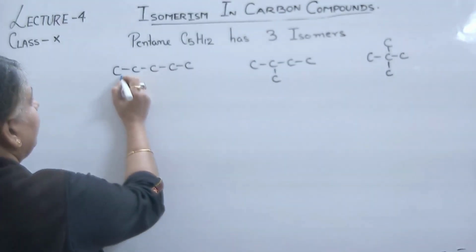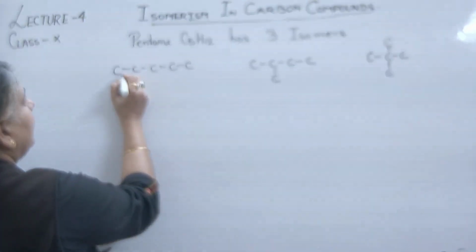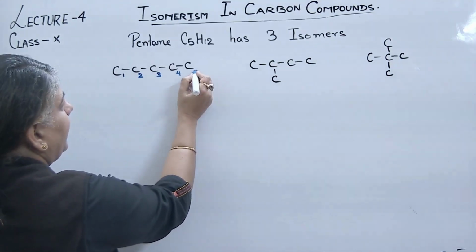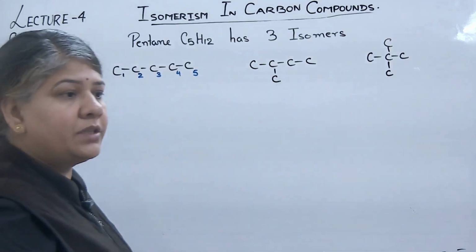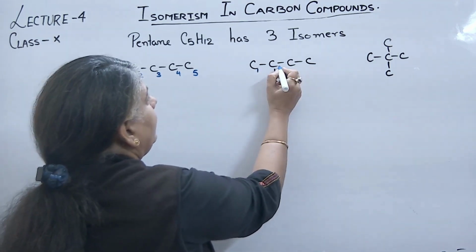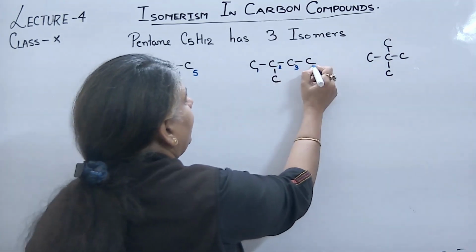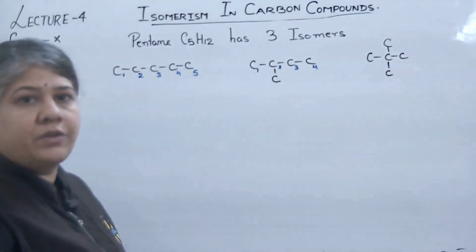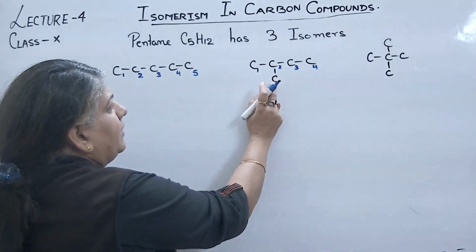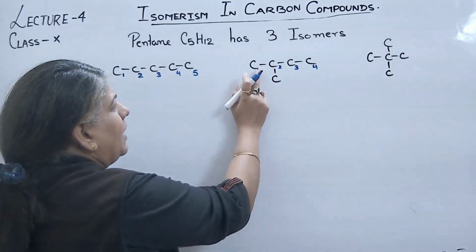See, in case of a straight chain, you get 1, 2, 3, 4, 5: 5 carbon in a continuous series. Now when the branching occurs, you get 1, 2, 3, 4 carbon in continuous series. Okay, you can even start numbering from this carbon also.